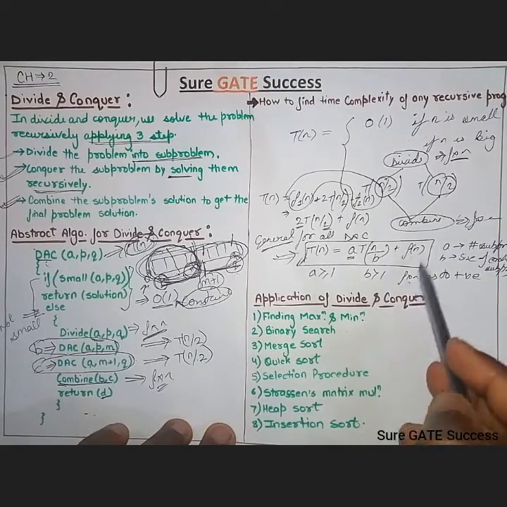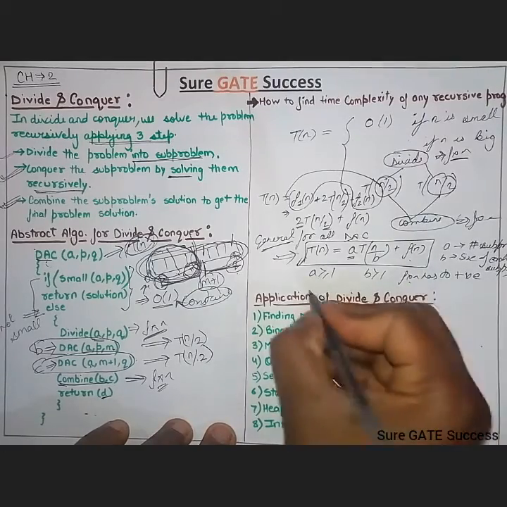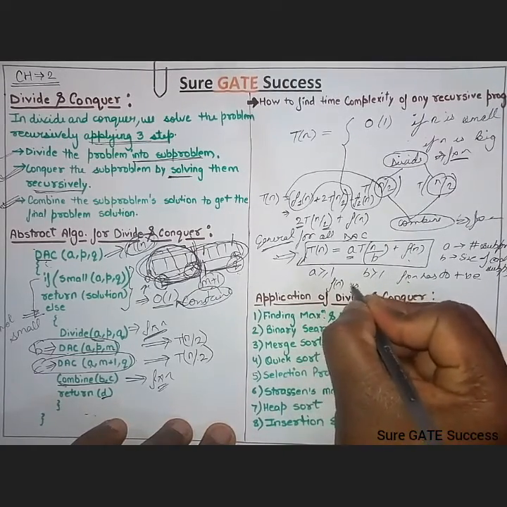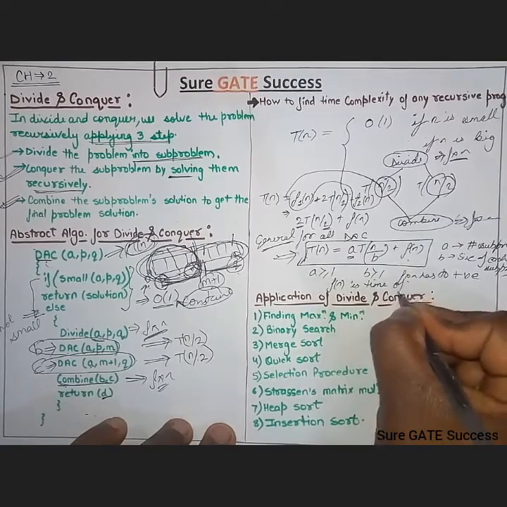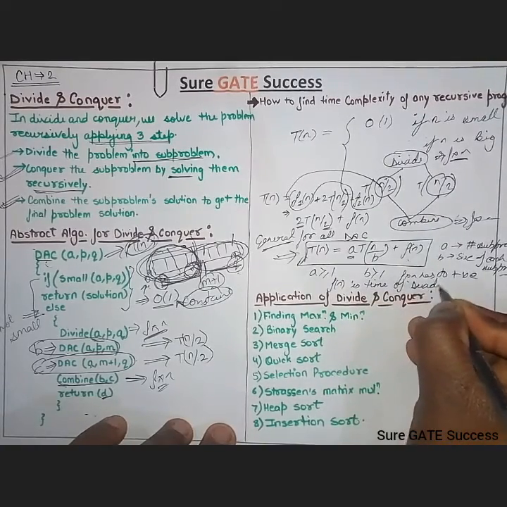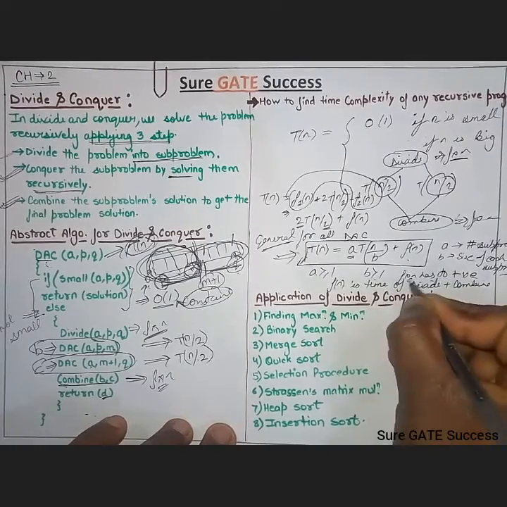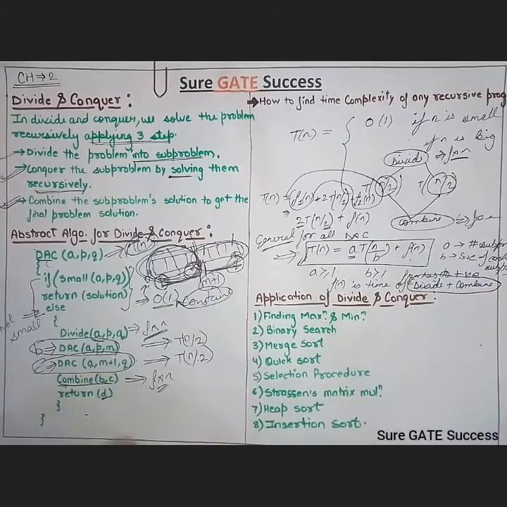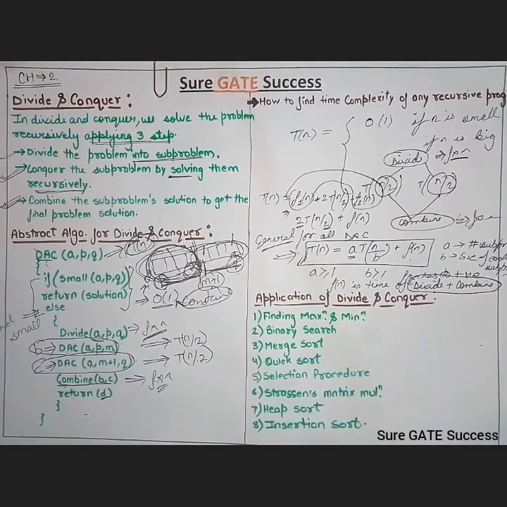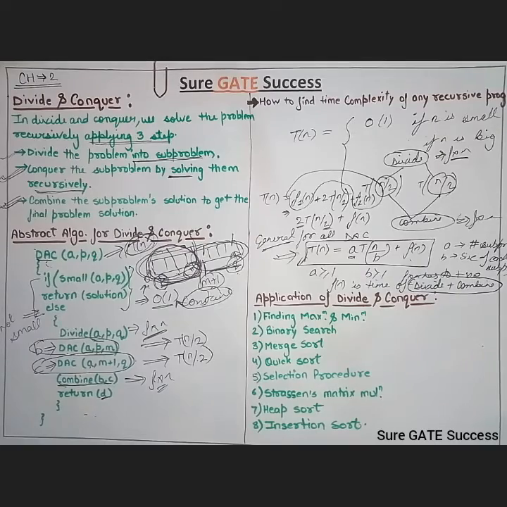And f(n) is the time of divide and combine. Whatever time is used in these two phases, that is in dividing and combining, will be considered as f(n). a is the number of subproblems, b is the size of the subproblem. In a similar way, we can find out the time complexity for any divide and conquer problem.